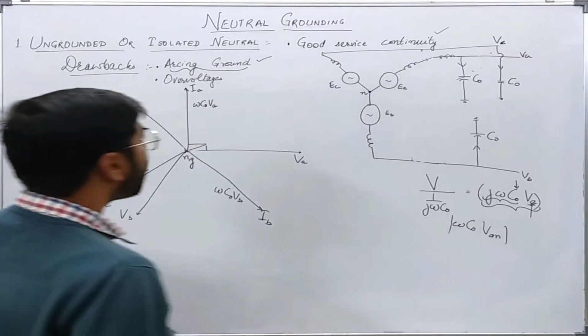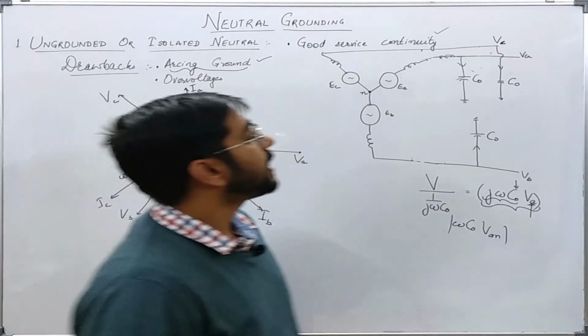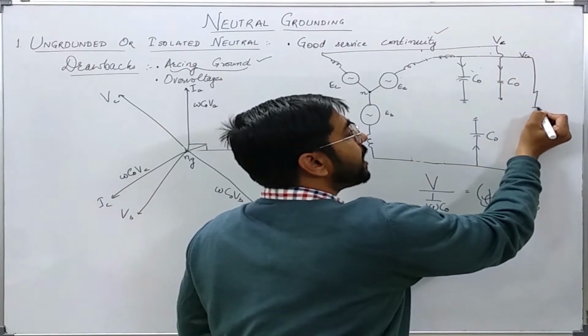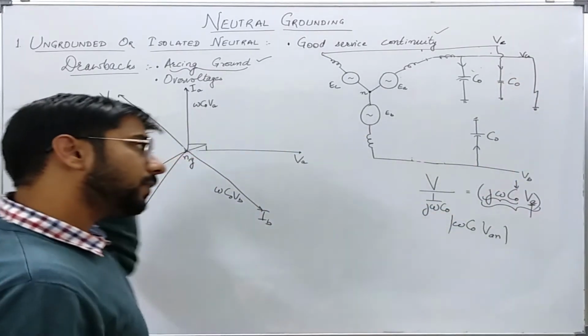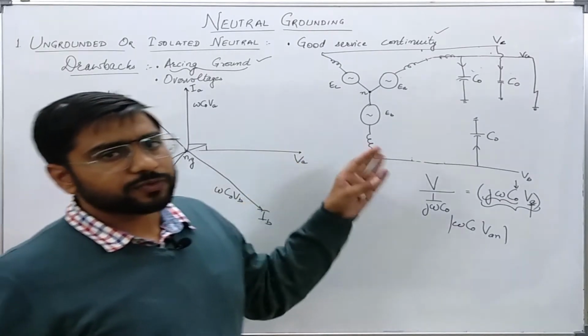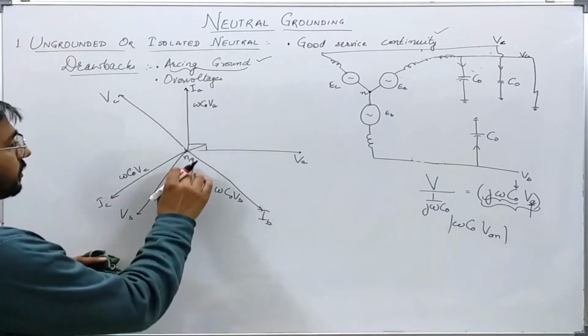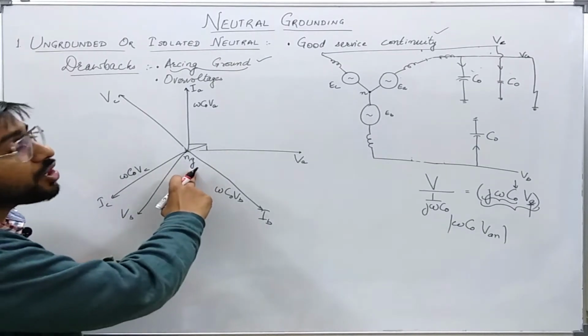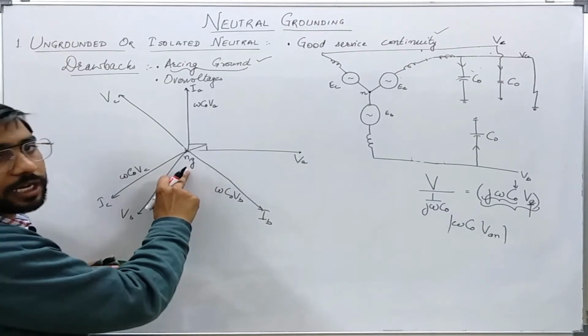Okay, now let us say that this phase A has a line to ground fault. You see that in this case this ground is no more at the neutral potential.